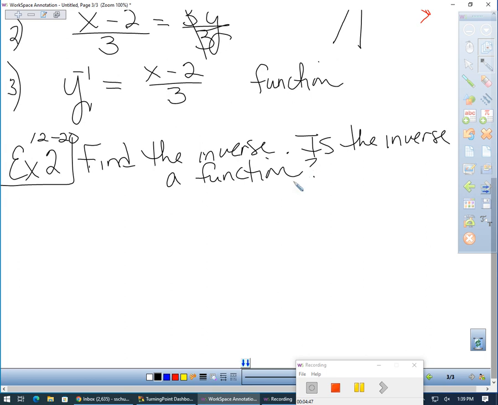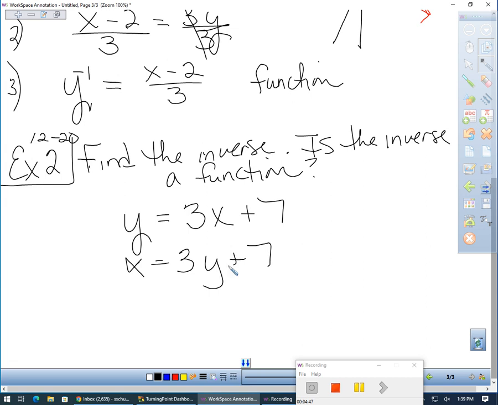All right, let's go with y equals 3x plus 7. All right, so first we got to find our inverse. The very first step is to switch x and y around. Good. x equals 3y plus 7.